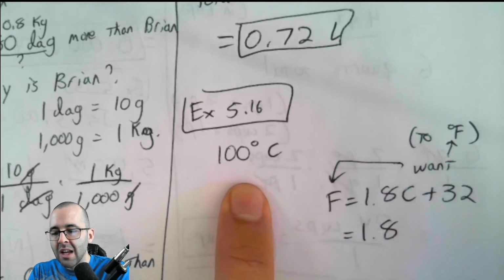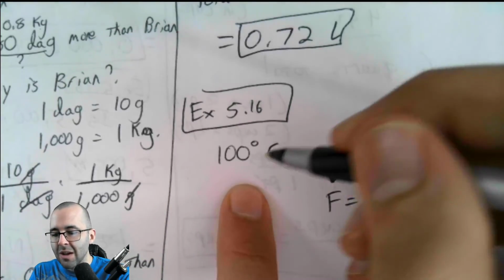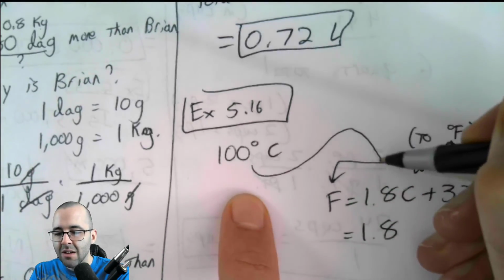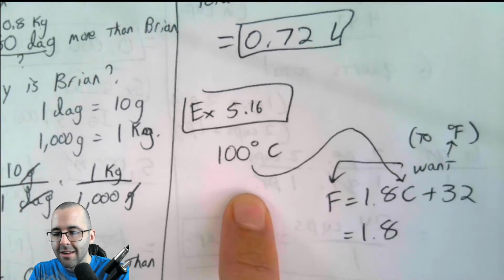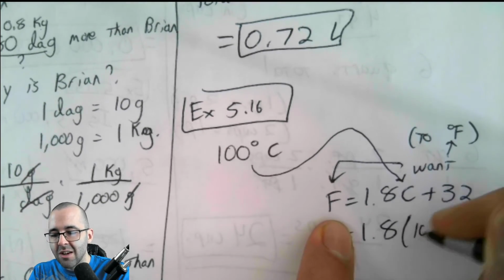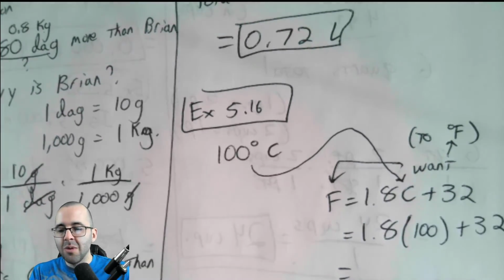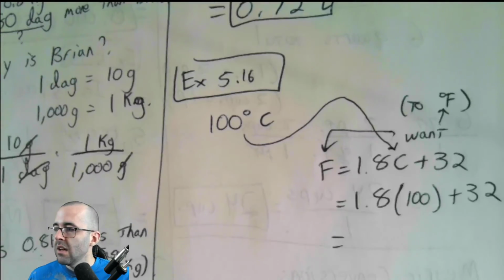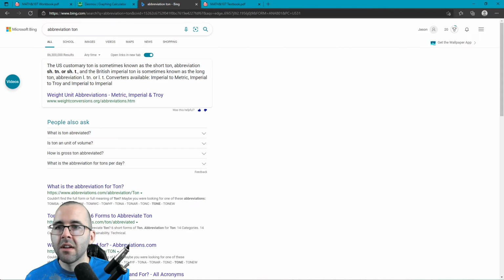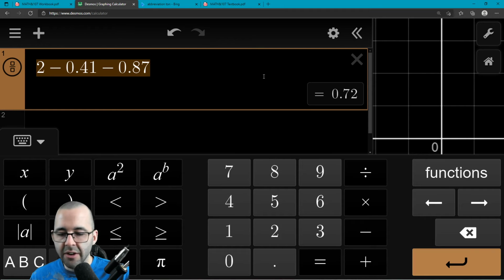So it's going to be 1.8. Plug this into the formula. We're going to have too many arrows here. Forgive me. 1.8 times 100 degrees plus 32. Type that into a calculator. So go over to Desmos or whatever calculator you want.